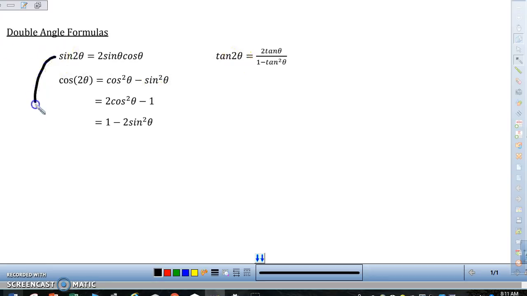First off, the sine 2 theta identity is equal to 2 sine theta cosine theta. This was actually one that came up in our 5.2 homework assignment from last night because it's connected to the sum formula.